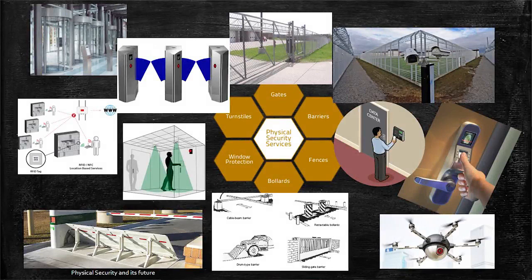Some of the physical devices, if you look at physical security devices which are very important in the scenario, are the gates. What do gates have? It could be turning gates, or a turnstile, or a gate on the physical boundary.